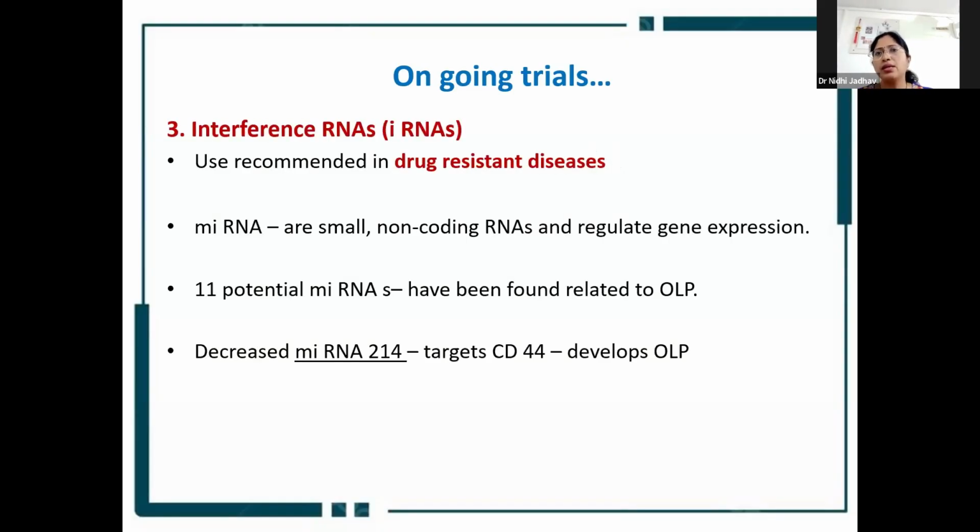Now, interference RNAs are used in drug-resistant diseases. These are microRNAs, small non-coding RNAs which regulate gene expression. 11 potential microRNAs have been found, of which microRNA 214 has been found to specifically target CD44, which is the pathology in oral lichen planus.